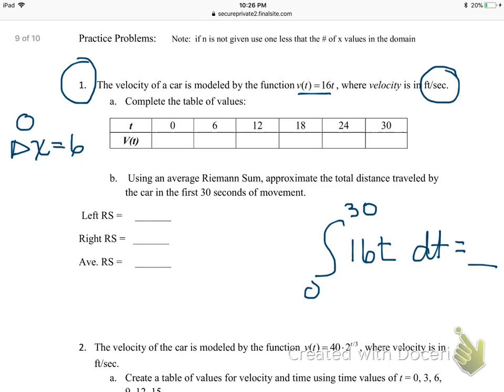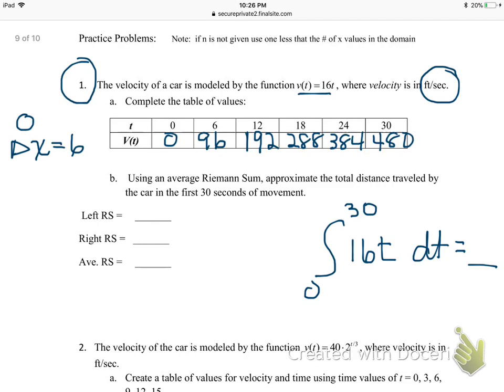Go to second table set, fill these in, then go to second table, and you should be getting 0, 96, 192. If you cannot get these numbers, definitely come see me or ask one of your friends, because this is key to be able to do this. So you are clearly going to need a graphing calculator for this whole section. Make sure yours is all charged up. Okay, so there are our values.